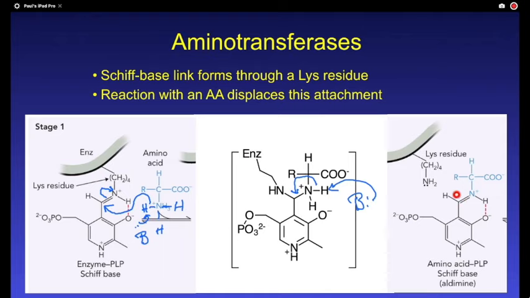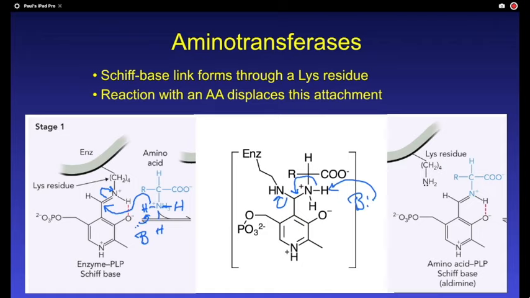I see that. And then I'm missing a bond. That bond missing is this lysine. And so this pair of electrons will place its electrons onto that nitrogen to form that lone pair that sits there. So what I've done is I've substituted the cofactor that was once bound to the enzyme, now bound to my amino acid.